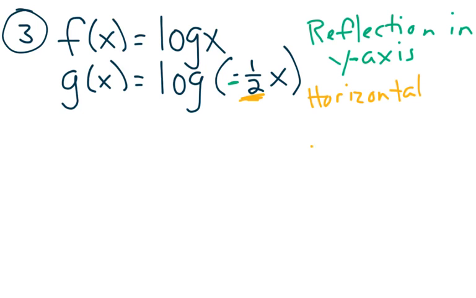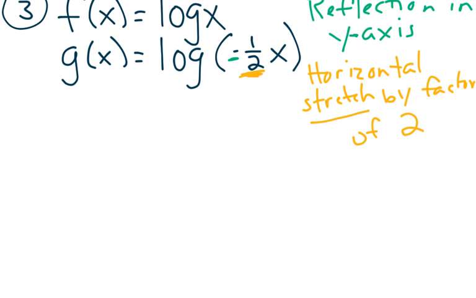So it's a horizontal something by a factor of, well, this 1/2 is the reciprocal of the factor. The reciprocal of 1/2 then would be 2. Okay, so if the factor is bigger than 1, that means it is a stretch. Horizontal stretch by a factor of 2. Those are the two changes from f of x to g of x.